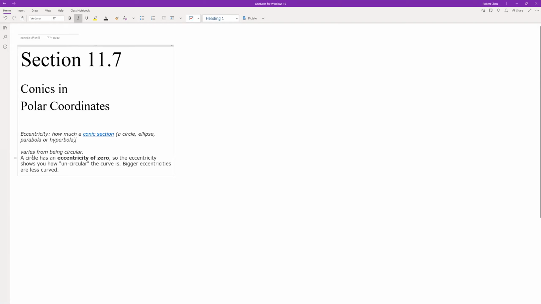For example, a circle will have an eccentricity of 0 because a circle is perfectly circular. So the eccentricity shows you how uncircular the curve is. Bigger eccentricities mean that the graph is less curved.